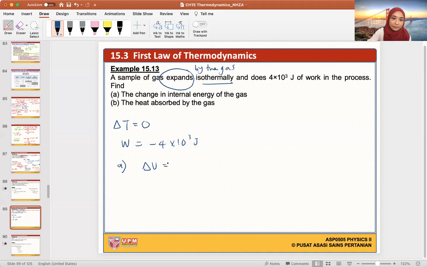Anyone wants to try? Ada banyak equation delta U. Which one is it? Okay, saya panggil Hikmah. Are you there, Hikmah?